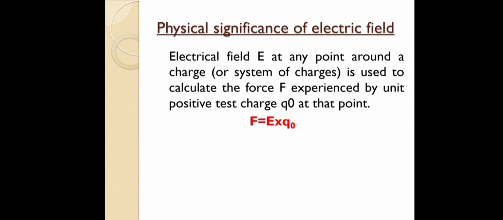Electric field E at any point around a charge, I repeat, electric field E at any point around a charge or it may be a system of charges, is used to calculate the force F experienced by a unit positive test charge q0 at that given point.